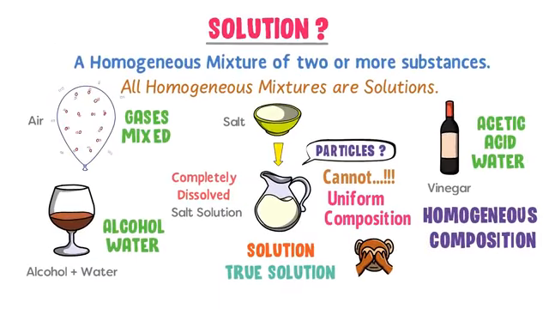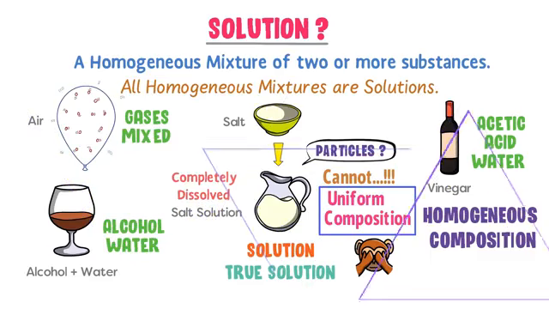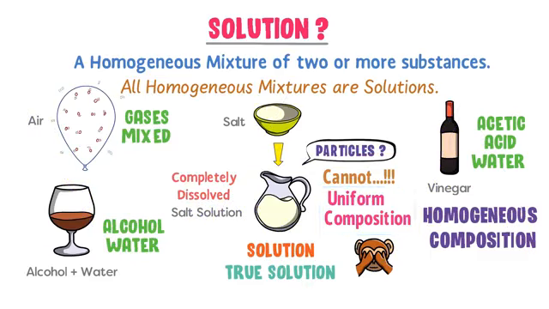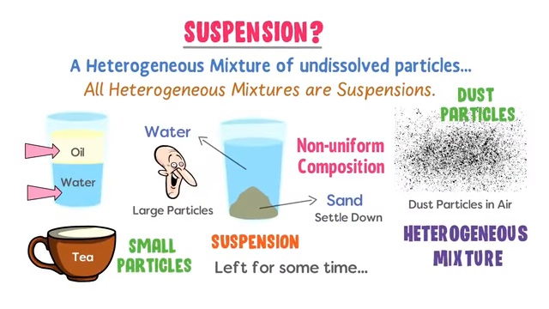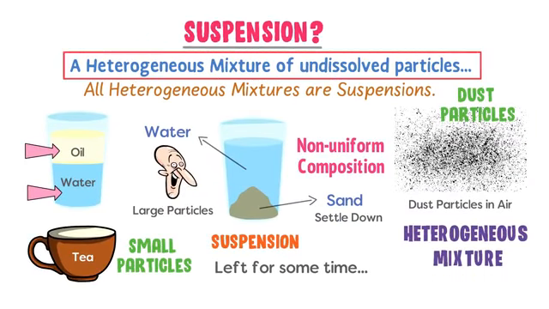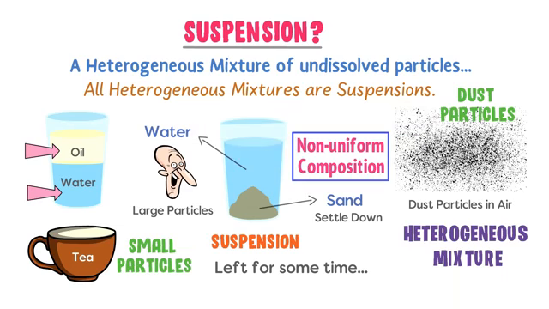Until now, we learned that a solution is a homogeneous mixture which forms a uniform composition and we cannot spot the particles in it, like salt solution. Secondly, we learned that a suspension is a heterogeneous mixture which forms a non-uniform composition and we can spot the undissolved particles in it. Also, if a suspension is allowed to stand for some time, its big particles will settle down at the bottom due to gravity.